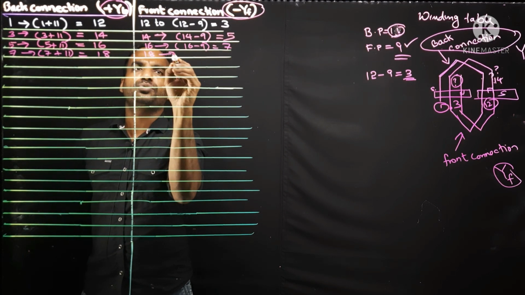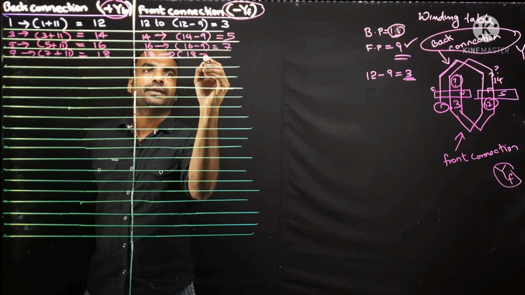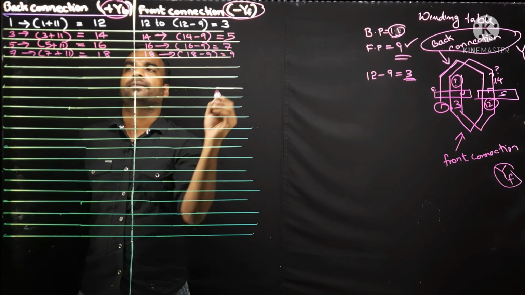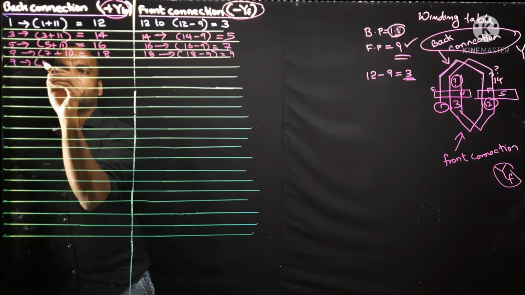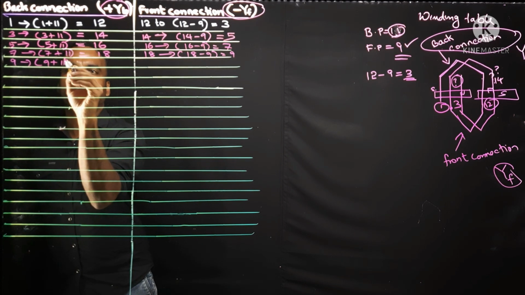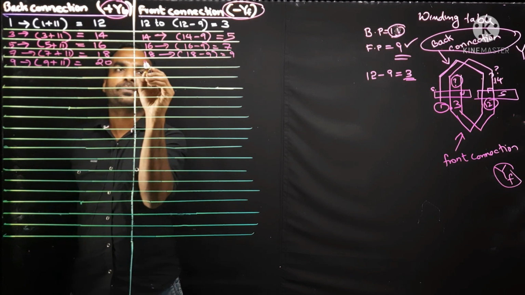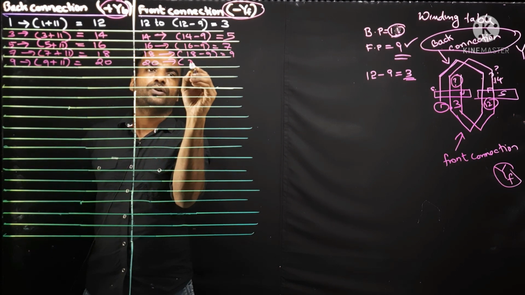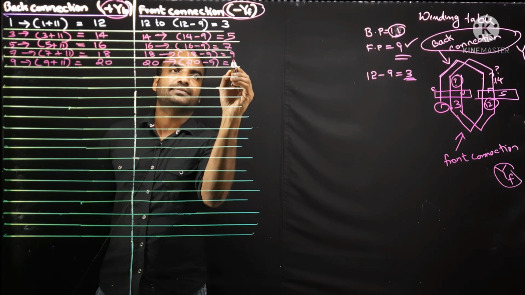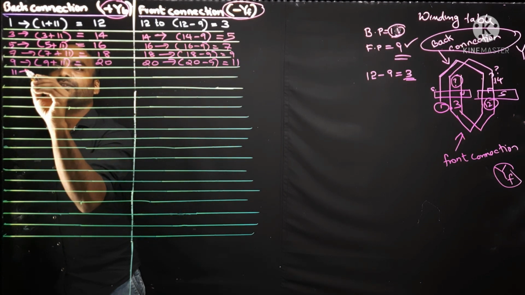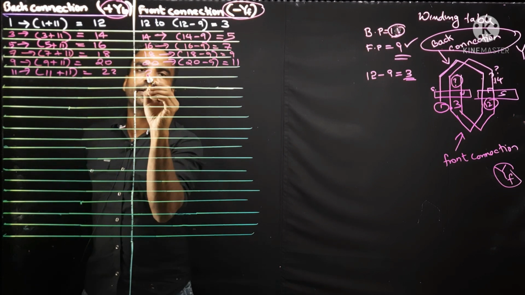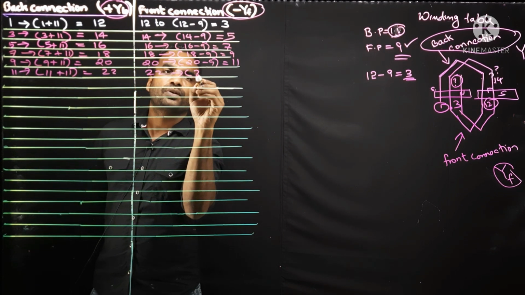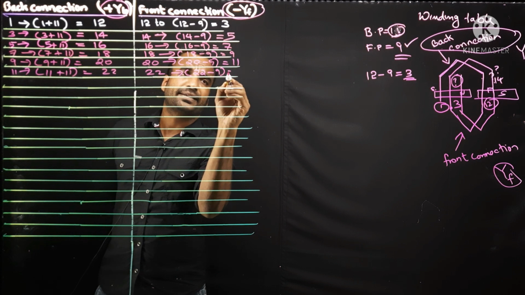And 18 to 18 minus 9 is 9. Again 9 to 9 plus 11 is 20. And 20 to 20 minus 9 is 11. Again 11 to 11 plus 11 is 22. Again 22 to 22 minus 9 is 13.